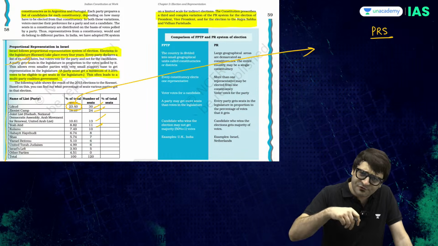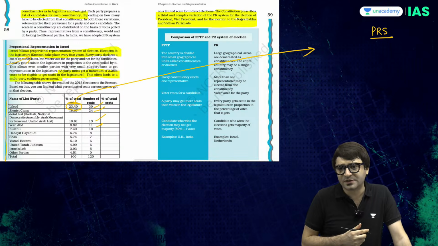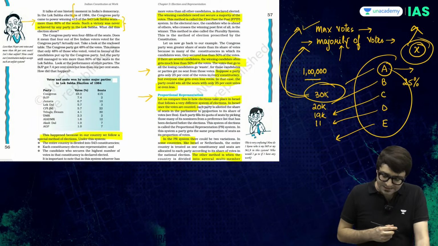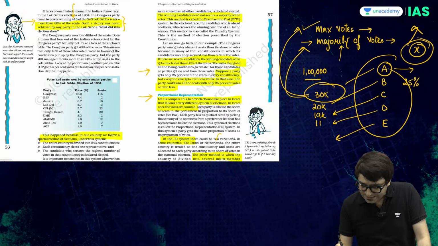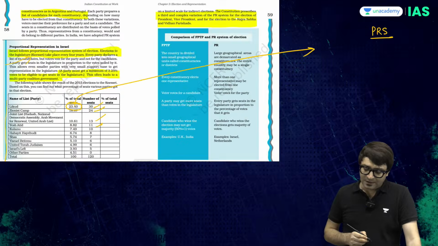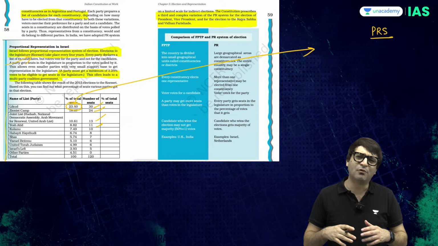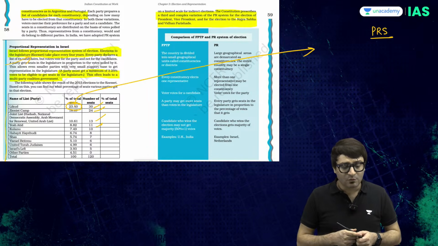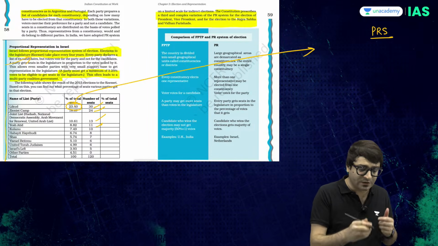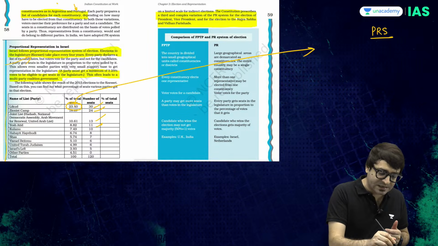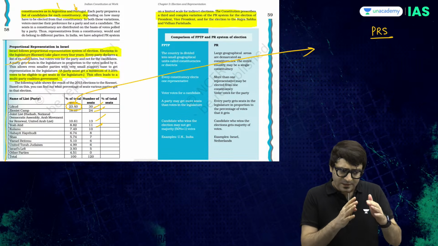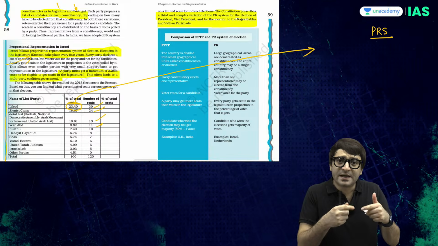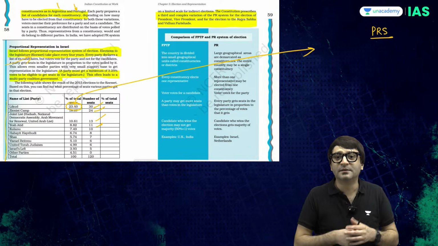But there is another variant of the proportional representation system. That is something which is followed in Netherlands. What happens in Netherlands also happens in Argentina. What happens in Portugal, for example? What happens in Argentina, for example? There can be multi-member constituencies as well.